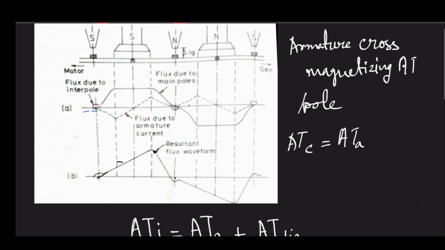Say here you are having coil 1 and 8. This is the amount of flux experienced by the side of coil 1. This is one coil. Now the two ends of the coil are connected with commutator segments.